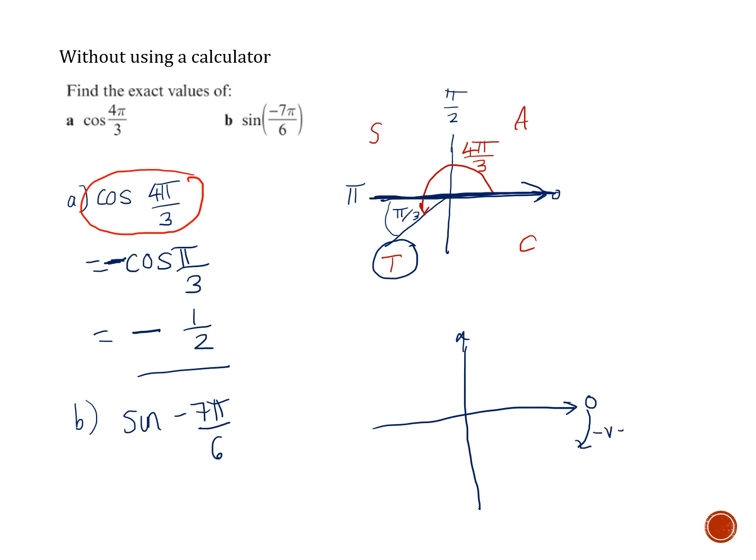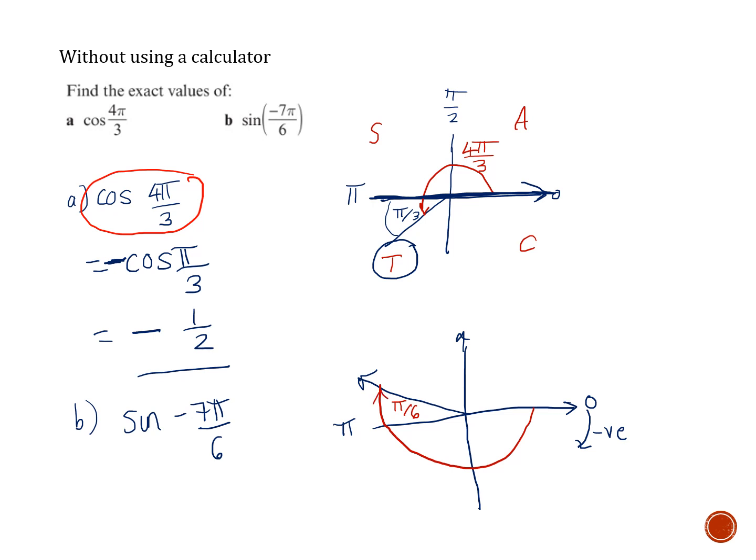That is negative. 7 pi by 6 is more than 180, so we're going to go all the way round and up to this point here. So 7 pi by 6 starts here, going minus pi, minus 7 pi by 6. So this angle here is going to be pi by 6.